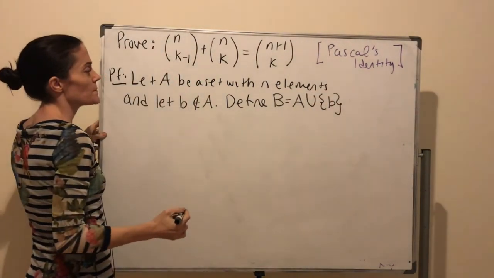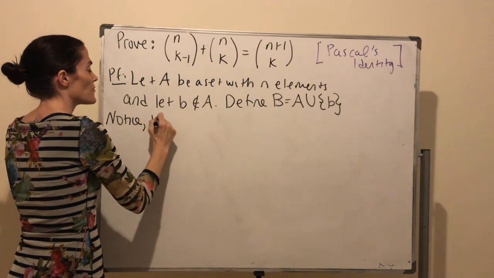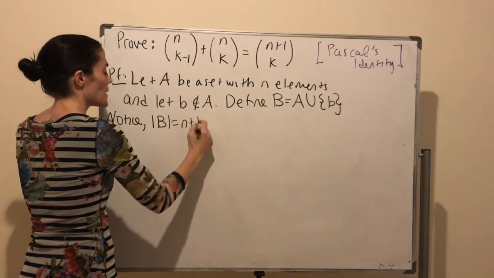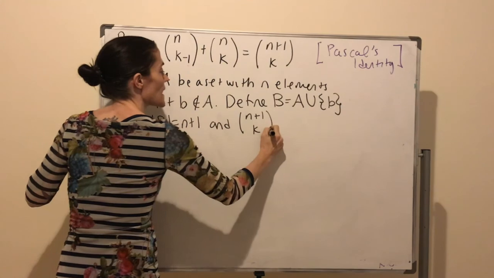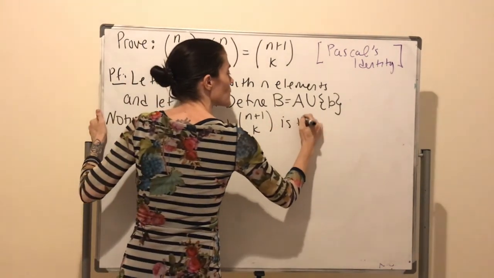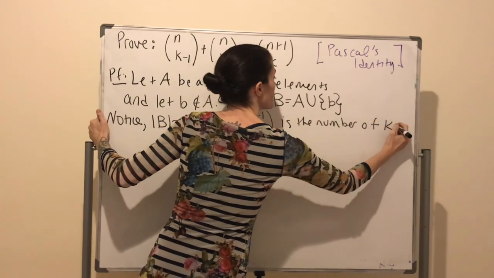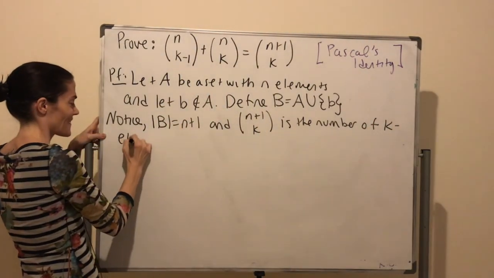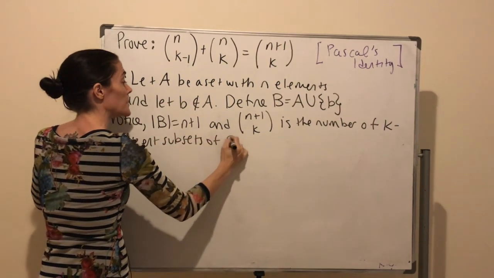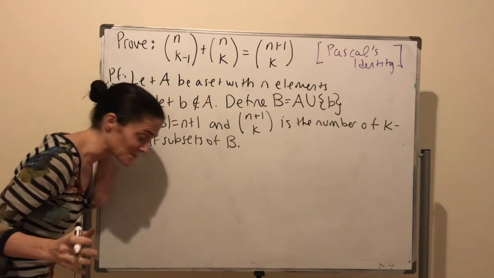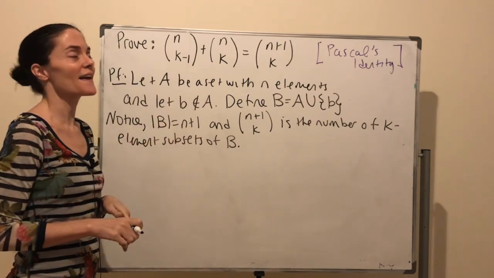Now the first thing to observe, the cardinality of B is n plus 1, and this quantity, n plus 1 choose k, is the number of k element subsets of B.